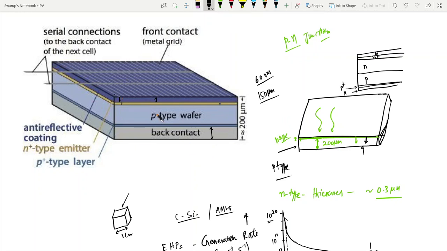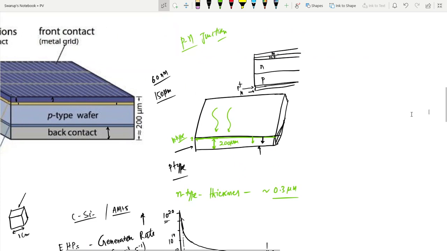Like for example, if you consider silicon, in the light management we need to take care of the reflection coefficient, right? So for silicon, ideally we use silicon oxide, SiOx. Depending on the oxidation state we just write it in general as X, but silicon dioxide is the most stable one.